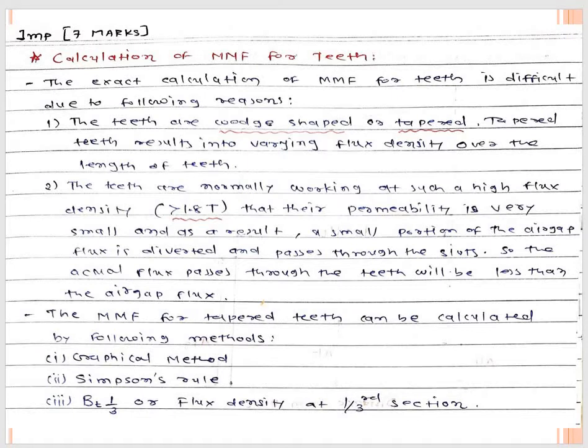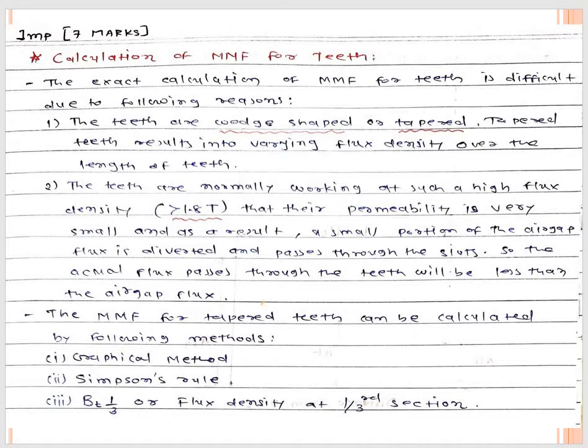So the actual flux passing through the teeth will be less than the air gap flux, because some portion of the air gap flux is diverted to the slot.